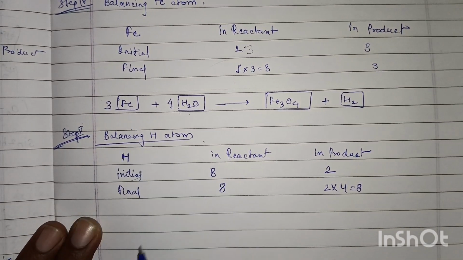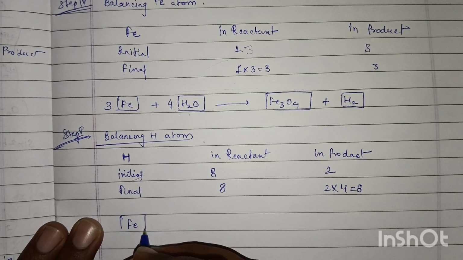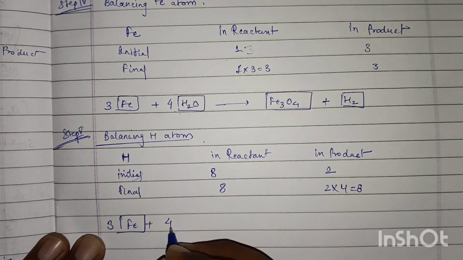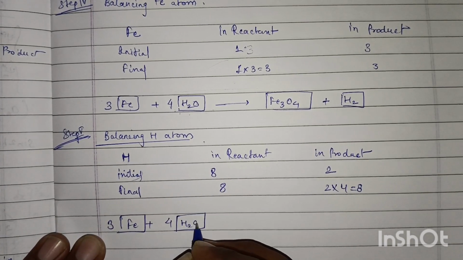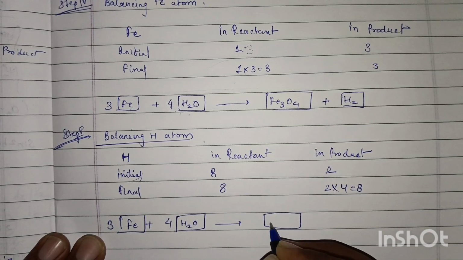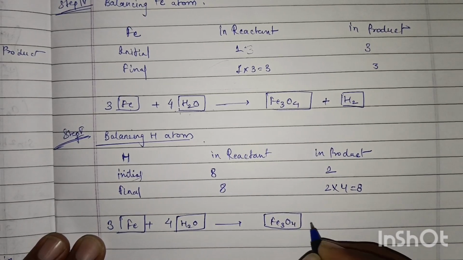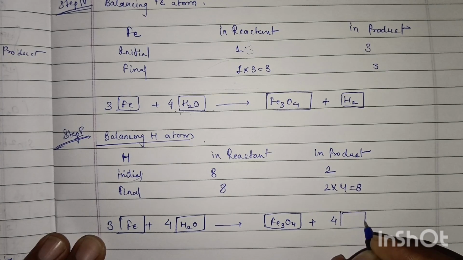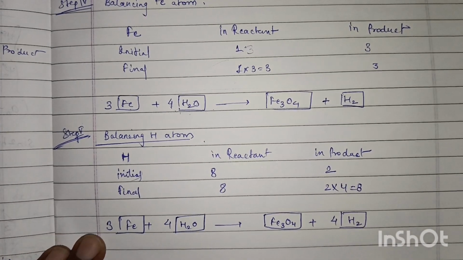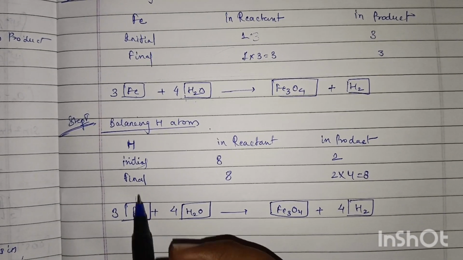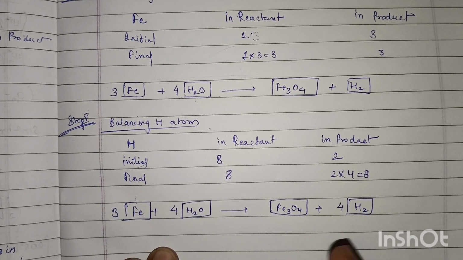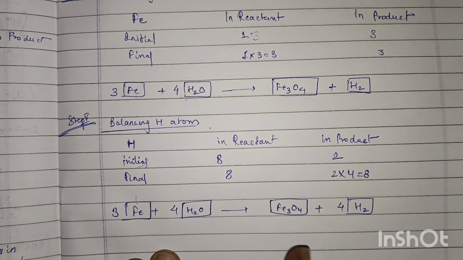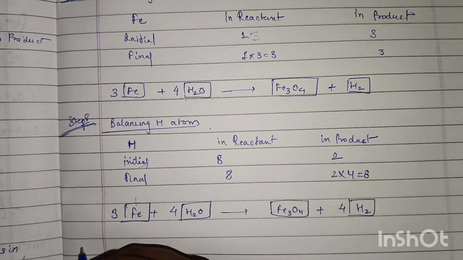Okay, so we will write this equation again here. 3 Fe plus 4 H2O gives Fe3O4 plus 4 H2. Now if you count all the atoms, you will find that all the atoms are balanced. So this is the balanced equation.